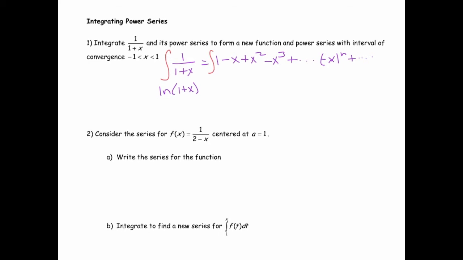In any case, the antiderivative going term by term gives me, well, the antiderivative of 1 is x, the antiderivative of negative x is negative 1/2 x squared, of x squared is plus 1/3 x cubed minus 1/4 x to the fourth. And let's look at the general term.